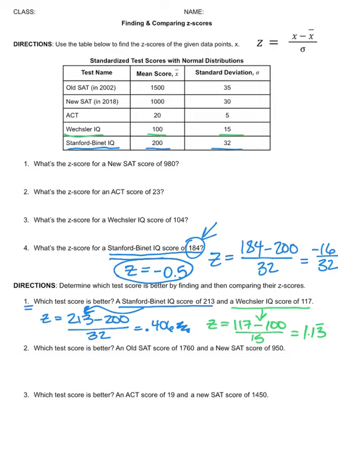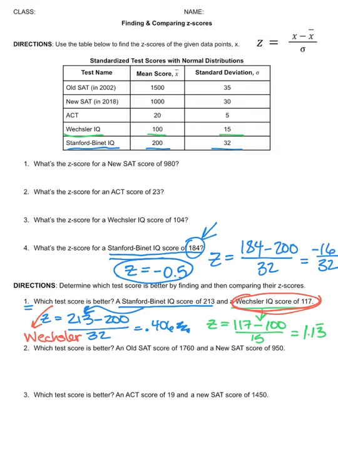So in comparing these 2 z-scores, 1.13 is bigger than 0.406. So getting a test score on the Wechsler IQ test of 117 is better than getting a 213 on the Stanford Binet IQ. So to answer the question, which test score is better, it would be the Wechsler.